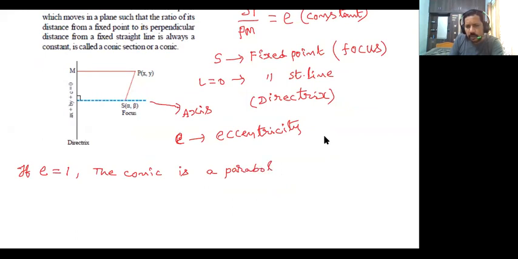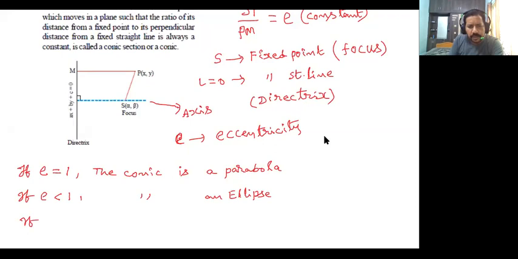If eccentricity is less than 1, the conic is an ellipse.